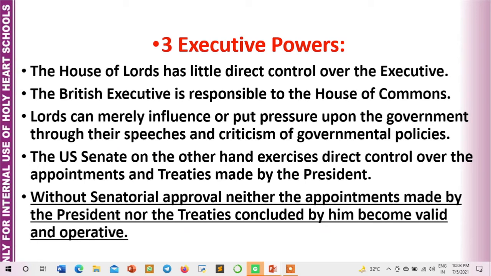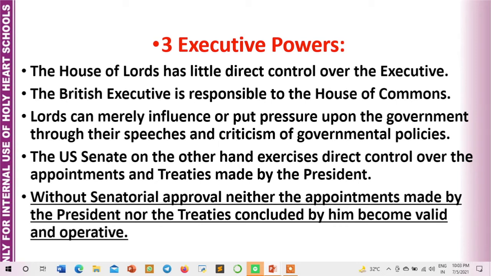Next is executive powers. The UK House of Lords has little direct control over the executive. Control over the executive means over the ministers. The British executive is responsible to the House of Commons, means the lower house.